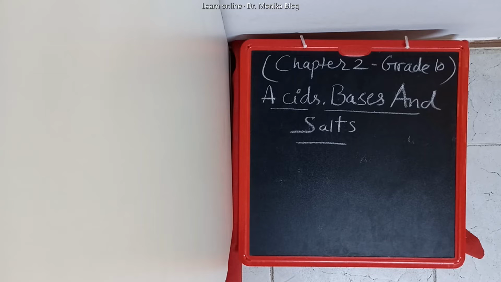Then you have to observe the change in color and make a table. Based on the change in color, you can identify which is acid and which is base. These are activities that you can perform under the supervision of your chemistry teacher in your school laboratory.